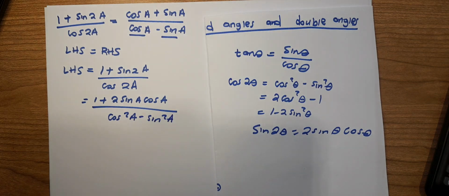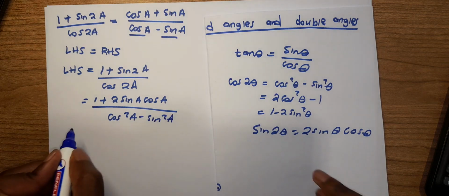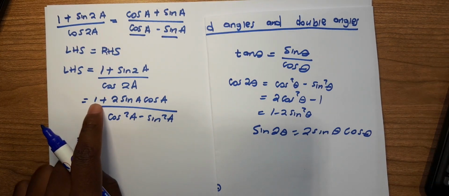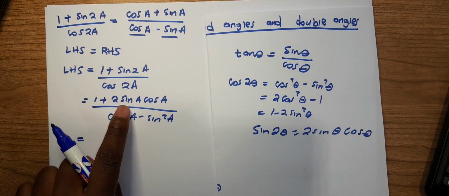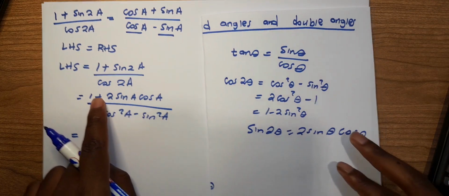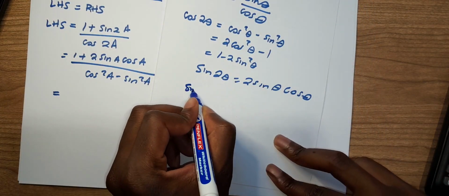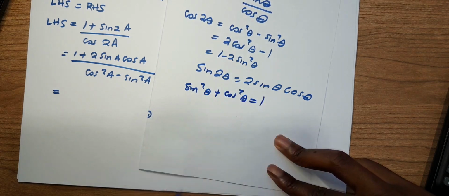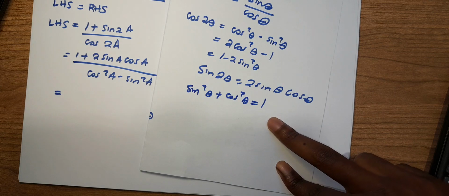Now you realize you've reached a dead point, but at least you still have 1 plus 2 sine alpha cos alpha over cos squared alpha minus sine squared alpha. Where do you move from here? Change all the identities that you see. What is 1? You know that sine squared theta plus cos squared theta equals 1.